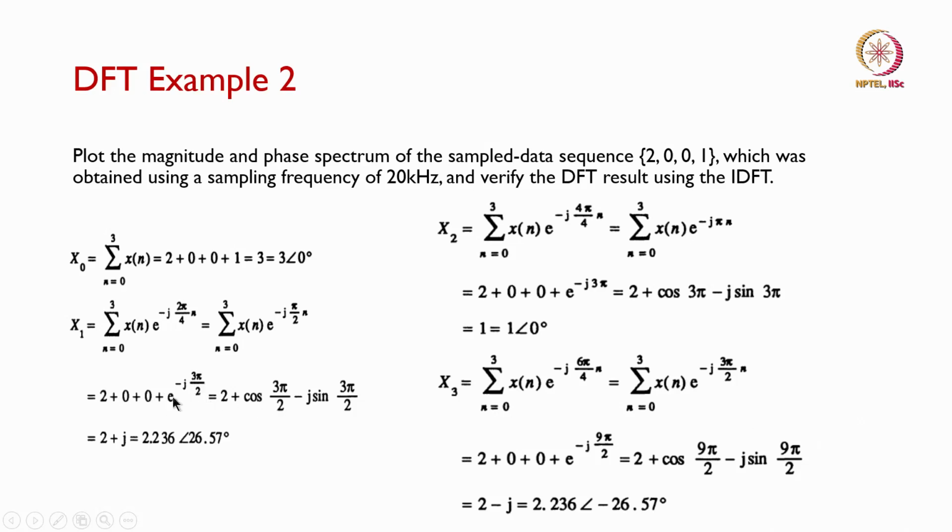If you substitute for e power minus j in cos and sin, you will be seeing 2 plus cos 3 pi by 2 minus j sin 3 pi by 2. So, you will be getting this as 2 plus j, as this is 0 and this is minus 1. So, when you calculate your magnitude, it is going to be 2.236 at an angle of 26.57 degrees.